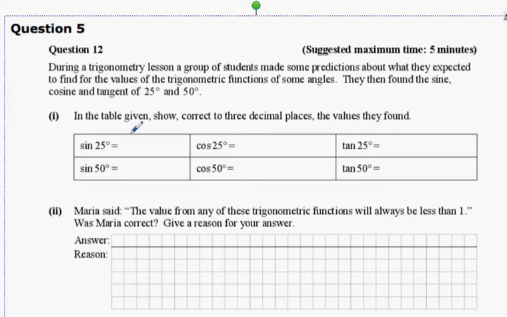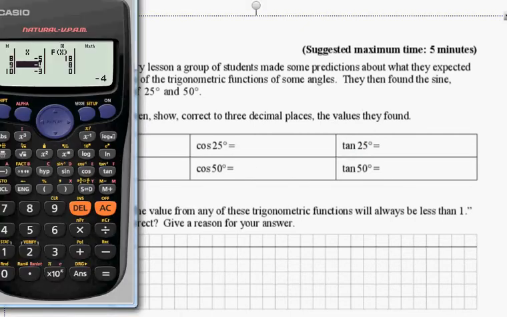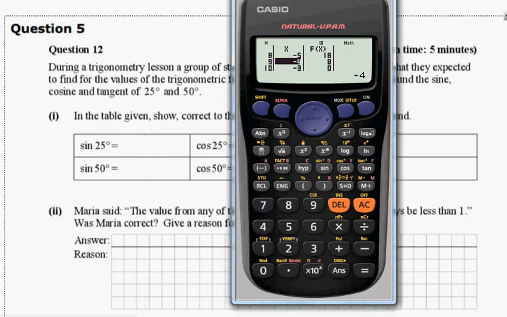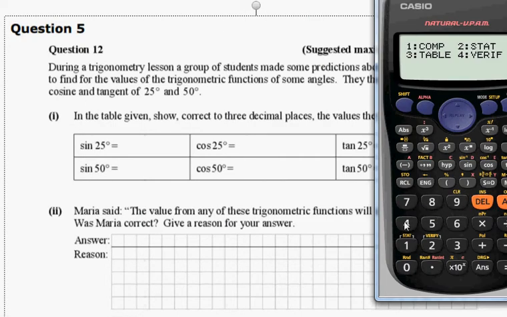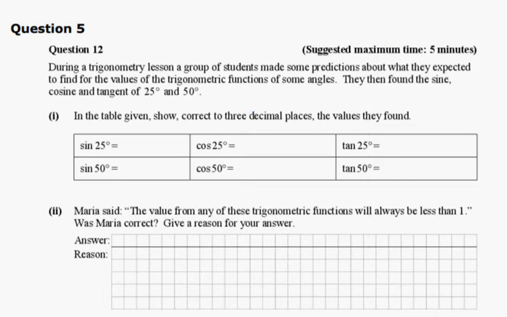Okay, so we just gotta put in some numbers. Ready? So, can somebody tell me what sine 25 is? Sine 25? 0.42. Good man, Aaron.